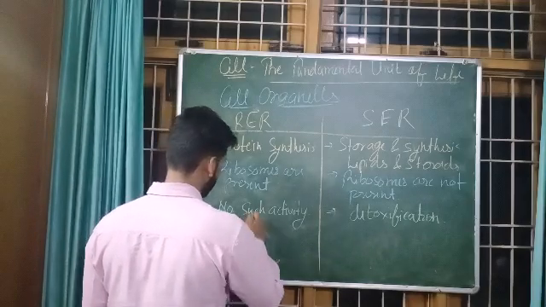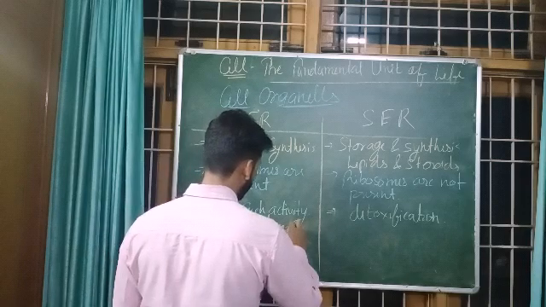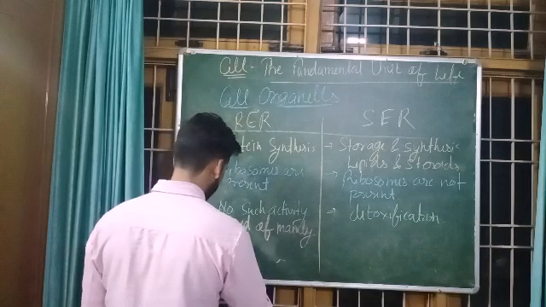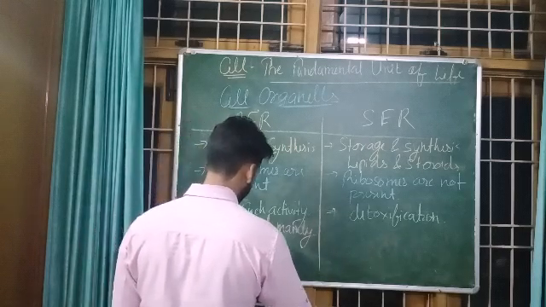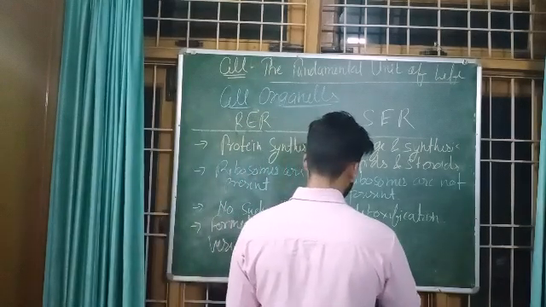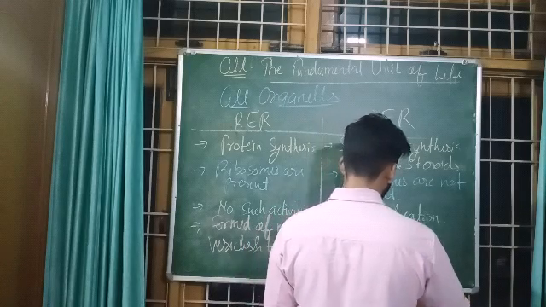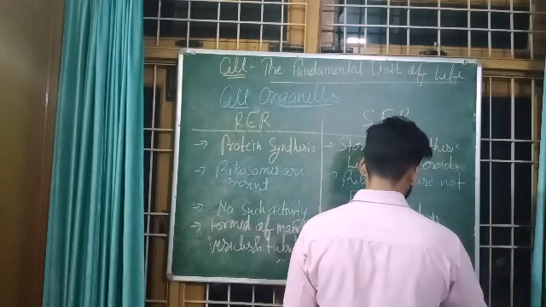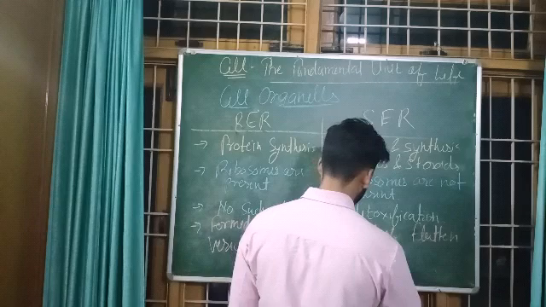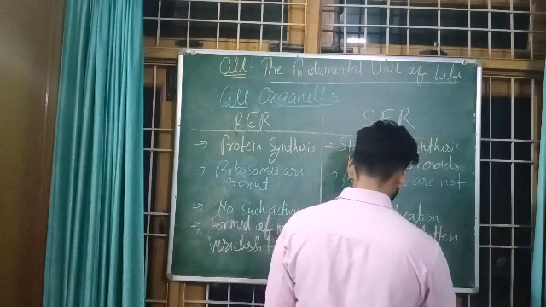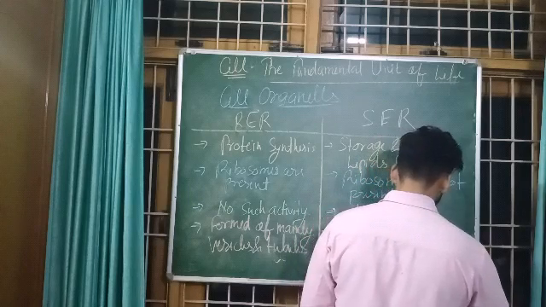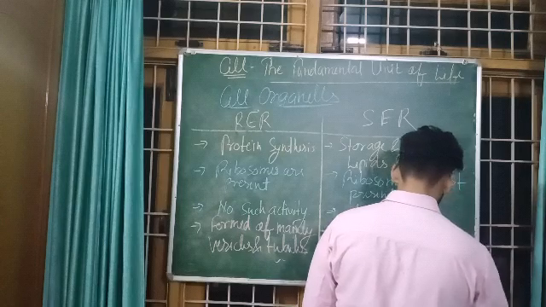Formed of mainly vesicles and tubules. Here it is formed of flattened sacs and cisternae. Got it?